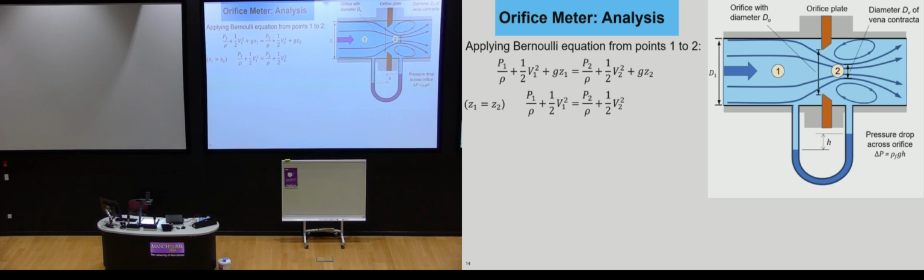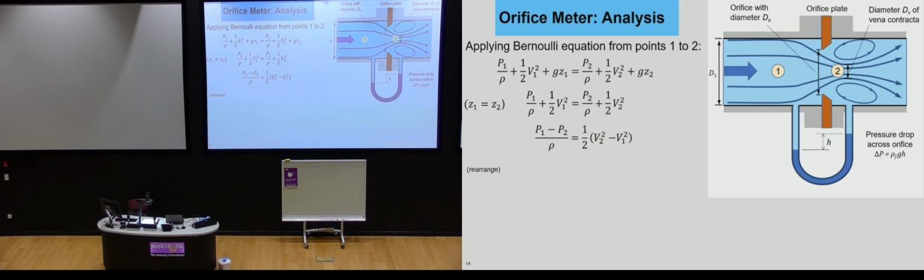That reduces the equation to a simpler version. Now we do a bit of algebraic rearrangement because we want to get this in terms of the pressure drop. So P1 minus P2 over rho gives us a half V2 squared minus V1 squared.